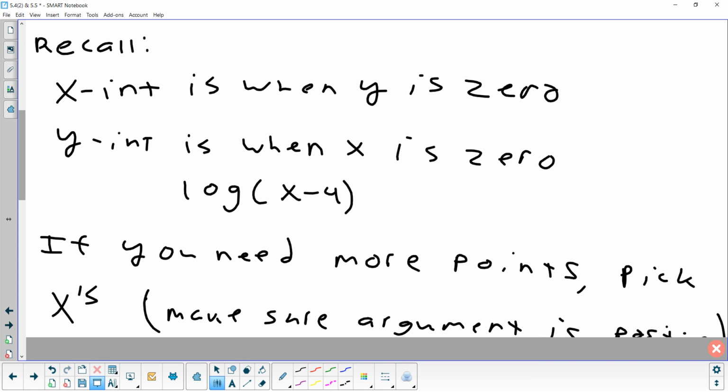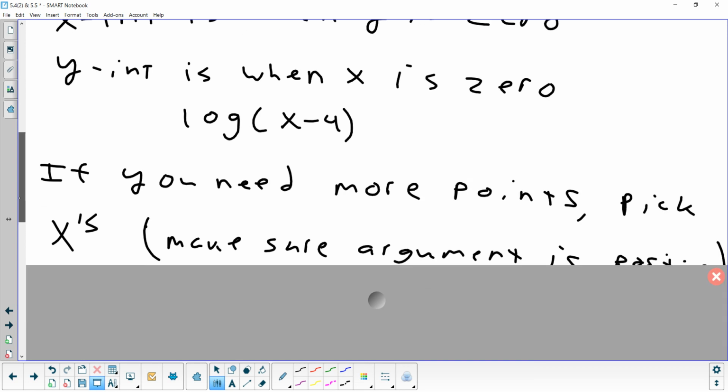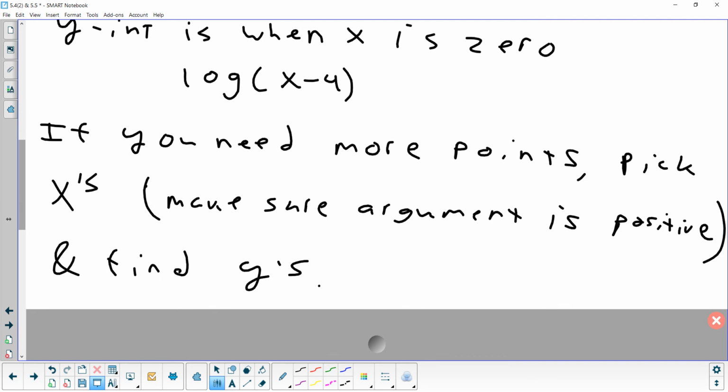Greater than 4 is what you're looking for. Okay. So make sure the argument is always positive. And my graph paper goes out to 10, so usually if I have to pick, I'll be picking numbers between -10 and 10 for x. Okay.